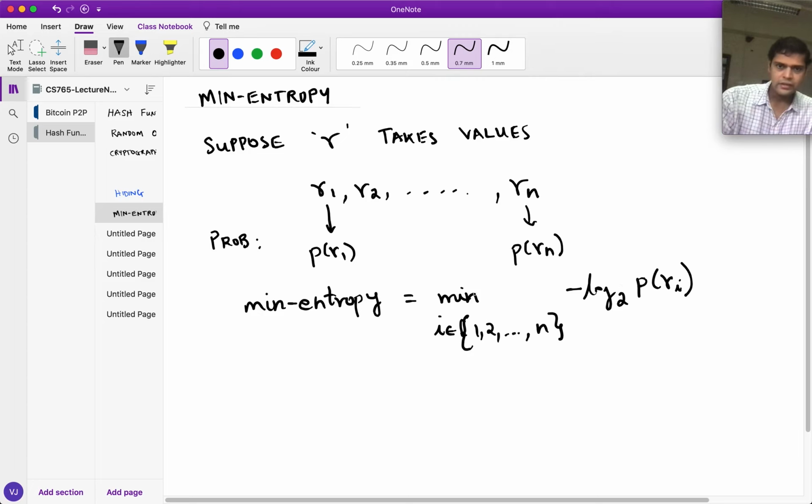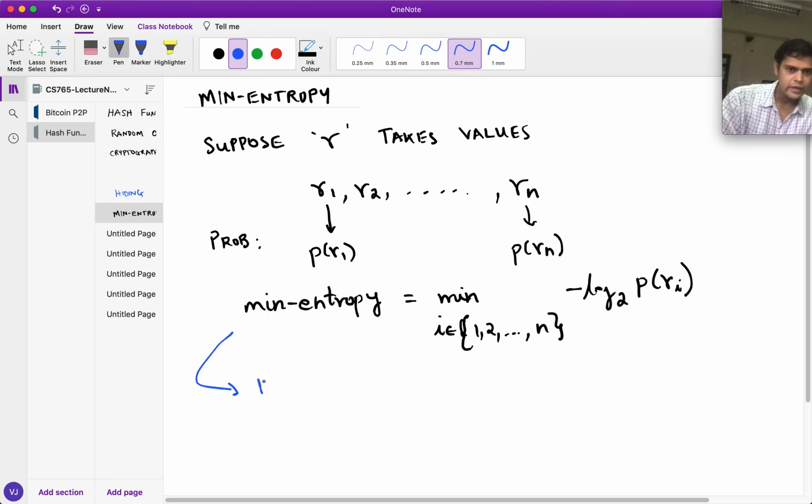So effectively, what is this minimum entropy going to give?